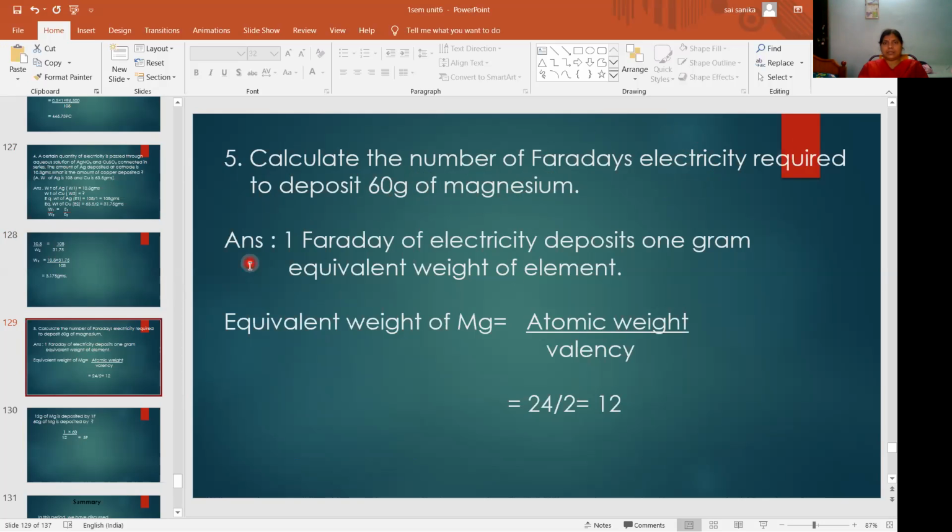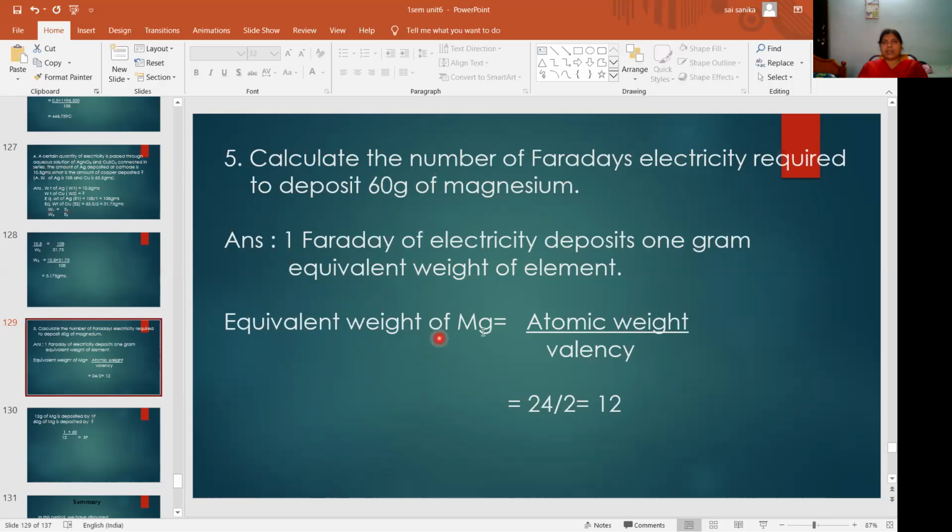So here, 1 Faraday of electricity deposits 1 gram equivalent weight of an element. So if you pass 1 Faraday of electricity, how much weight will it deposit? It will deposit its equivalent weight. Here he is asking 60 grams of magnesium is depositing, so how many Faradays are required?